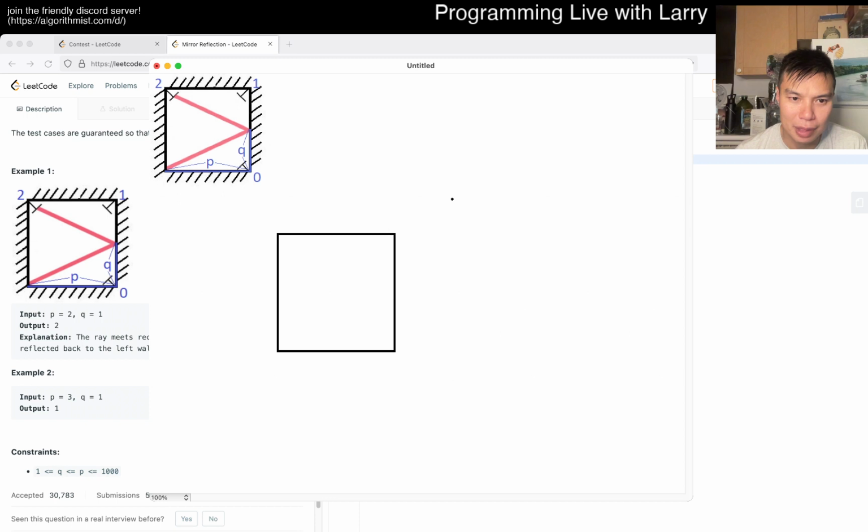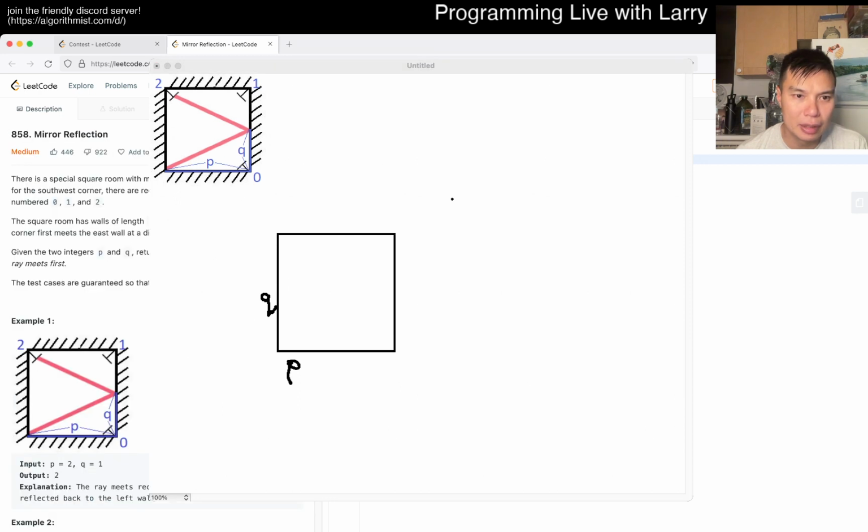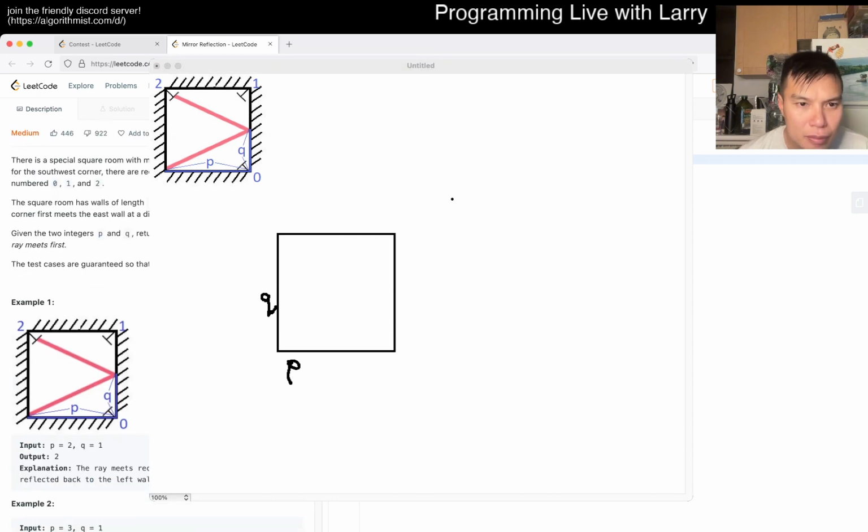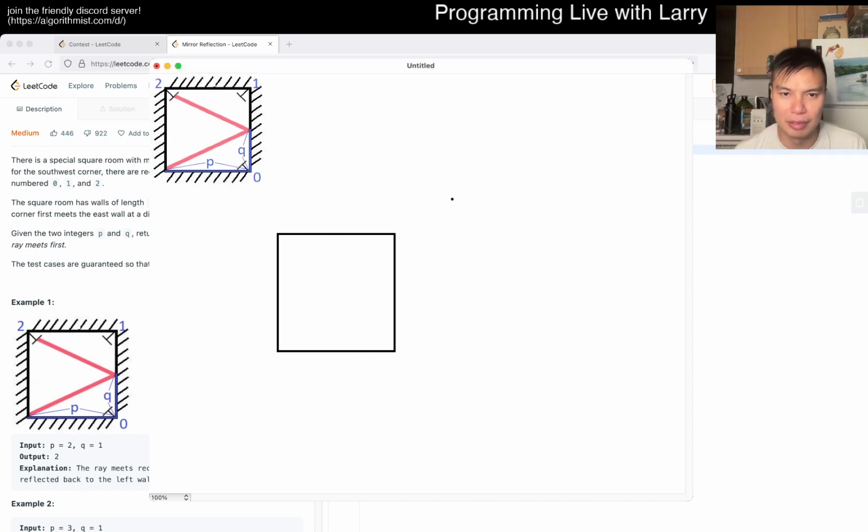And Q in that case will be... Maybe I'm a little bit confused here, but I thought P and Q were different. Let me think about this for a second. Maybe we don't need that condition. Maybe I'm being premature. You didn't see it, but I just deleted the code.